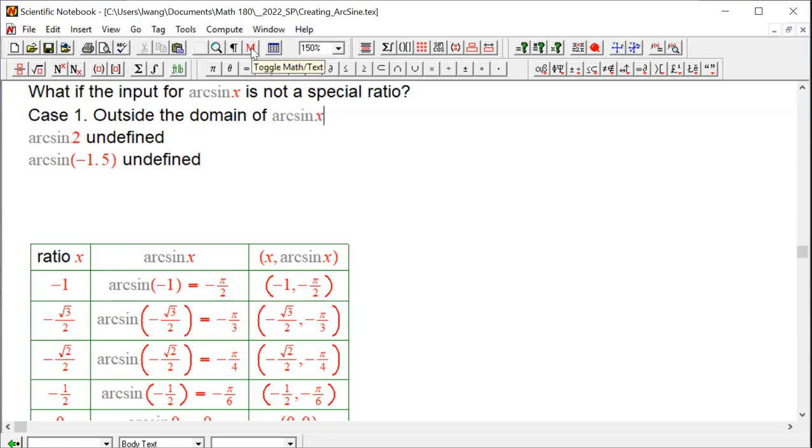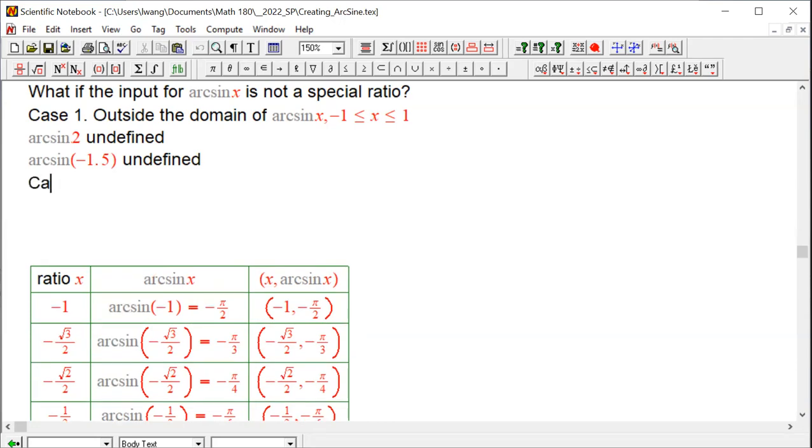What is the domain for ArcSine? We already know that. It's between -1 and +1. So the input has to be between -1 and +1, and this has to be strictly checked. The scientific equipment is designed that way. Case 2: the ratio is between -1 and +1.